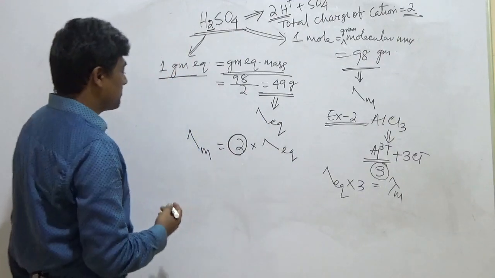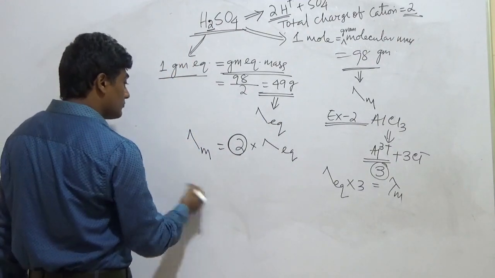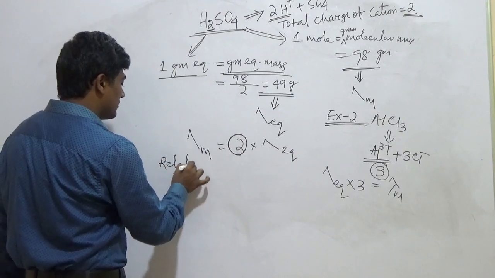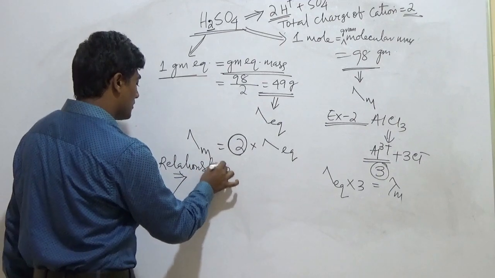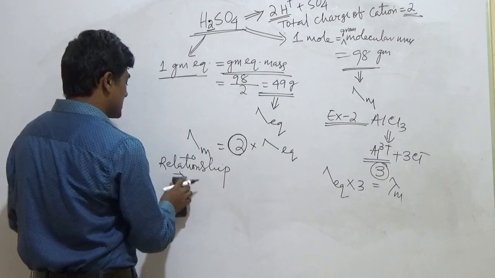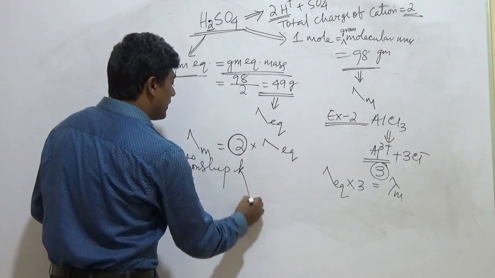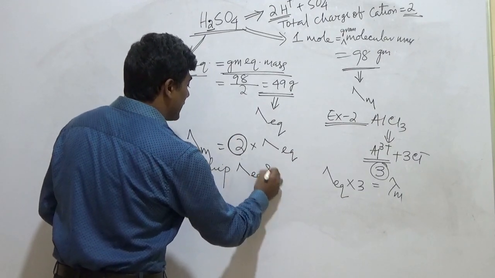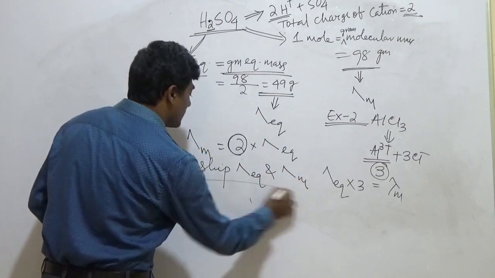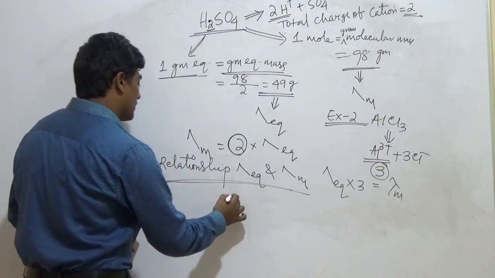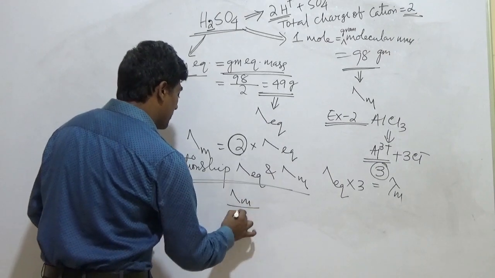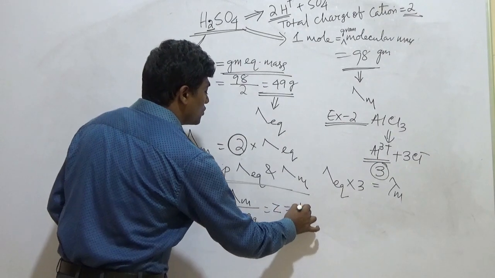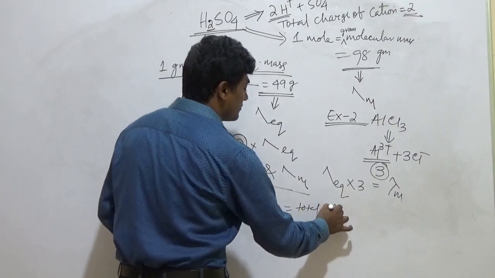So the relationship between lambda eq and lambda m will be lambda m by lambda eq is equal to Z, which is the total charge of cation.